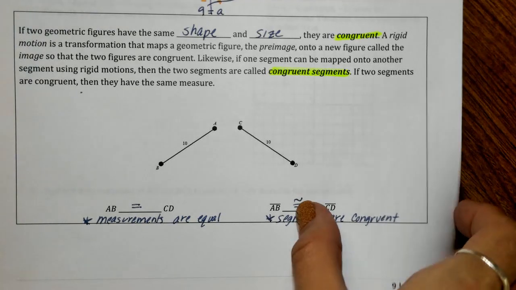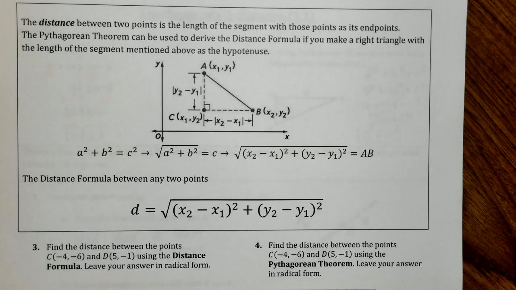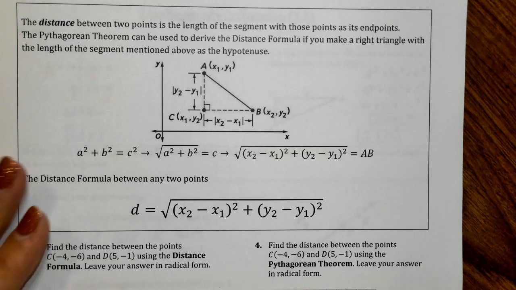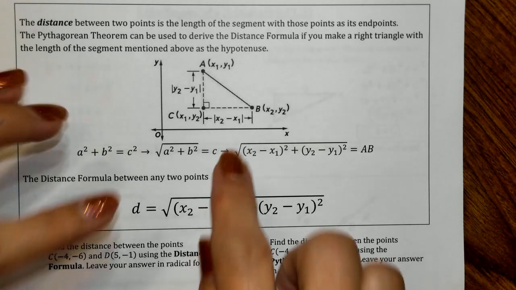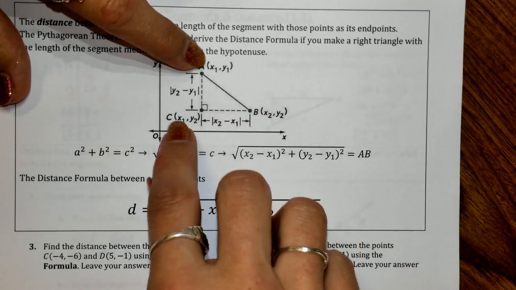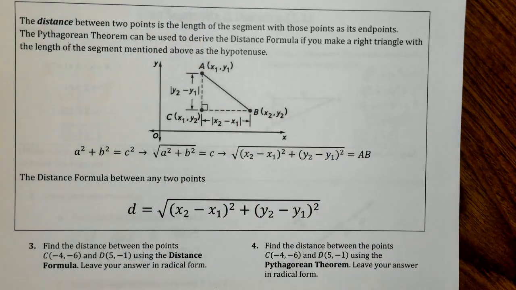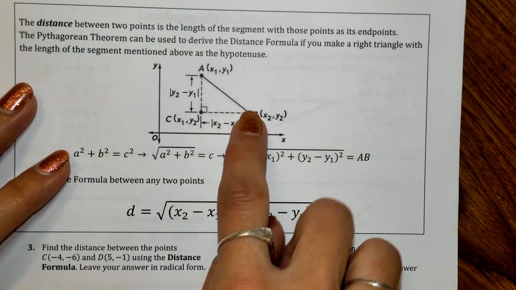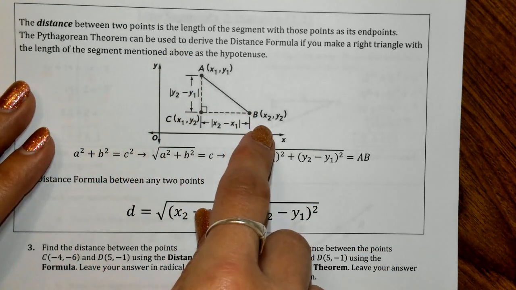Okay, so now we're going to start looking at how to find the measurement of a segment. We're just looking at a single segment on a graph, using the coordinate points. So here, the distance between the 2 points, we can use the Pythagorean theorem. We need to figure out the length from C to B, take that and square it, and take the length of AC and square it, and that would be equal to AB squared.